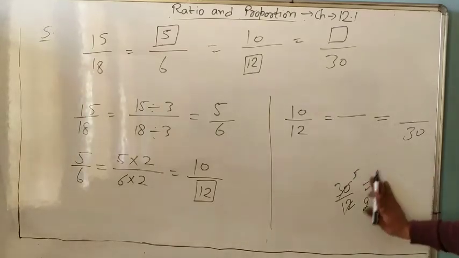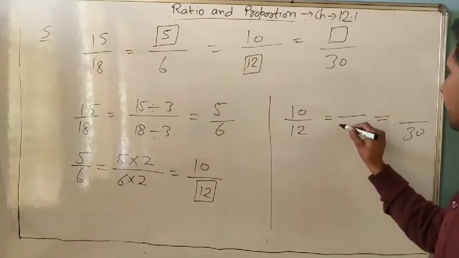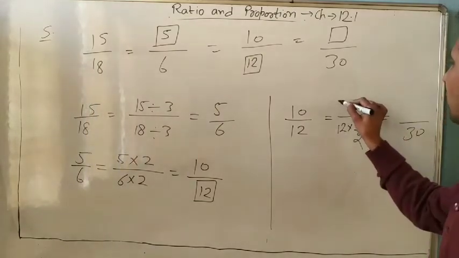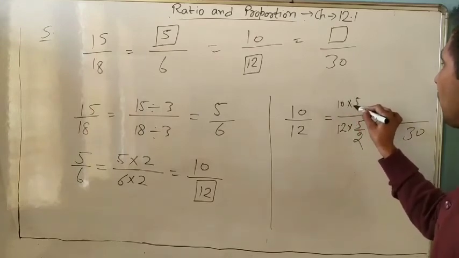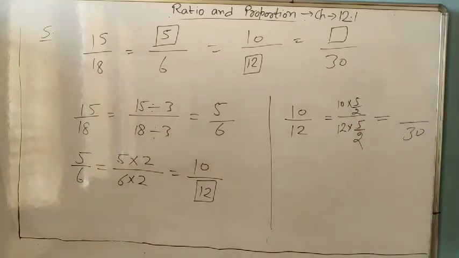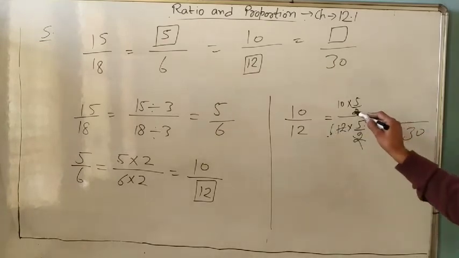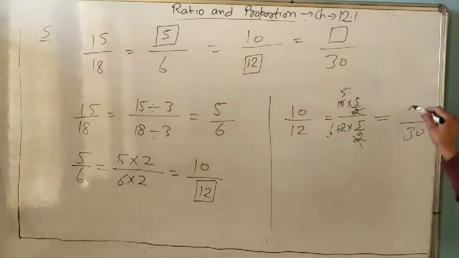So we will multiply 12 by 5 upon 2. Same as 10 multiplied by 5 upon 2. So 2 into 5 is 10, 6 into 5 is 30. Same as it is, 2, 5. So how much? 25. Understand?